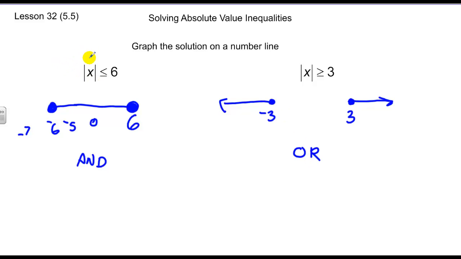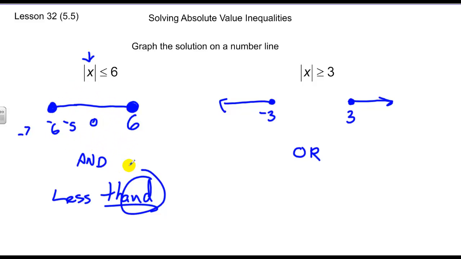If you look at the absolute value sign and you look at the inequality, notice this says the absolute value is less than. All right? And in the words "less than," if you add a D to that, like I said, it's cheap. "Less than" tells you that you're going to have an "and" looking situation.